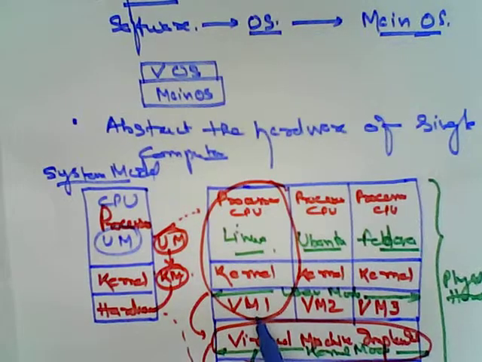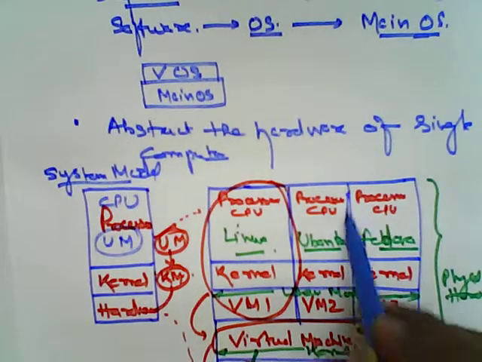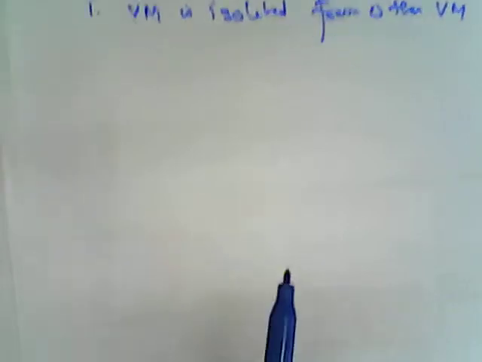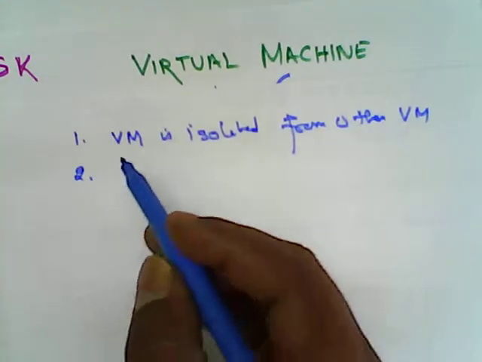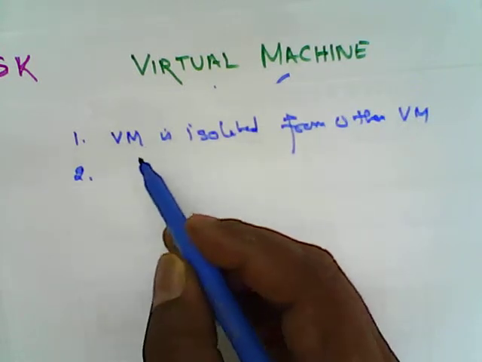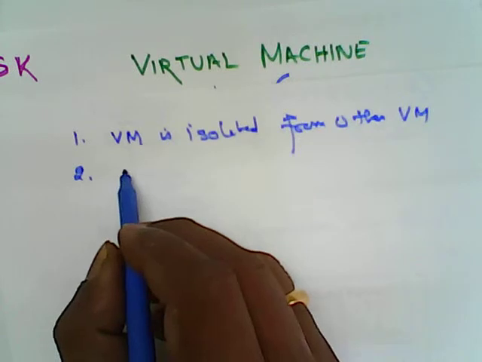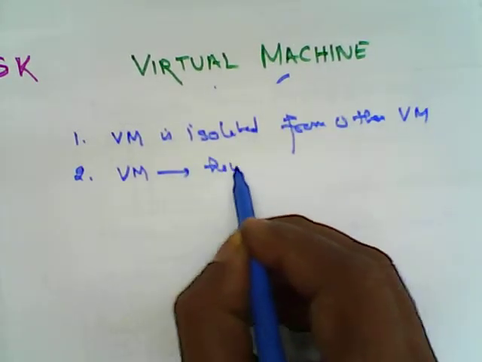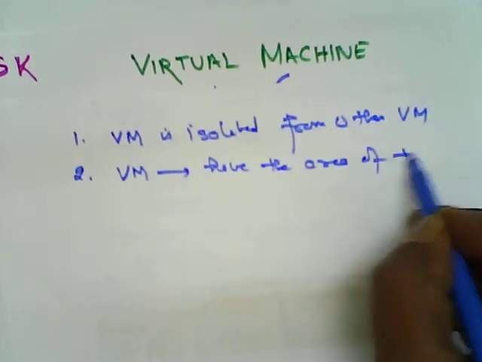The other point is that each virtual machine has an area of the disk, a portion we call a mini disk.